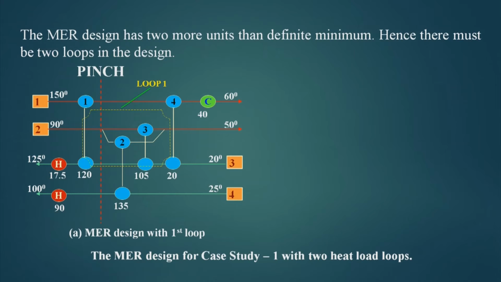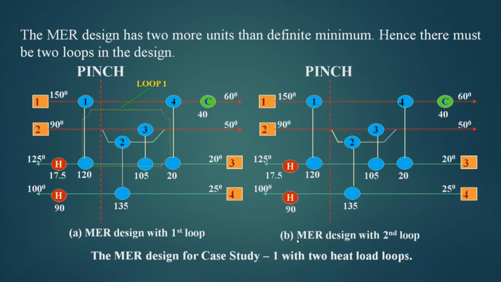As calculated, because I am putting 2 more heat exchangers in a MER design, there must be 2 loops here. So, one loop I have identified here. The second loop will be here.